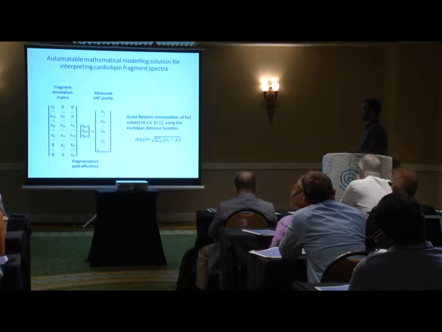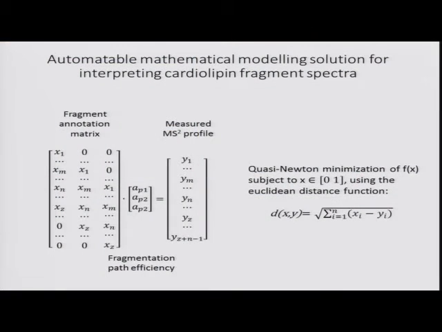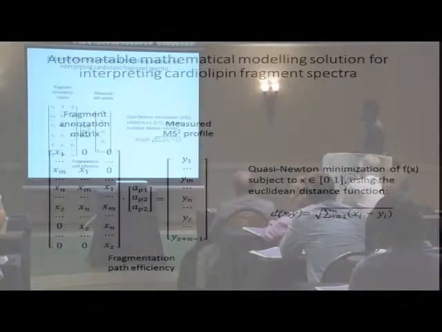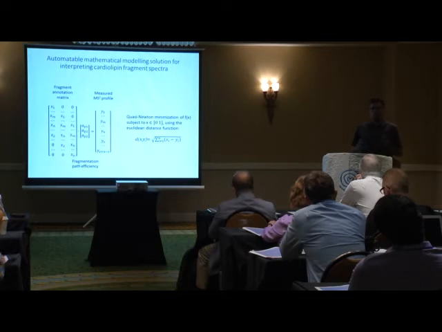On the left side I have the theoretical possible fragments, so all different fragments that could possibly be produced by fragmentation of all different kinds of cardiolipins. And on the right side, I have the actually measured fragment spectra profile.